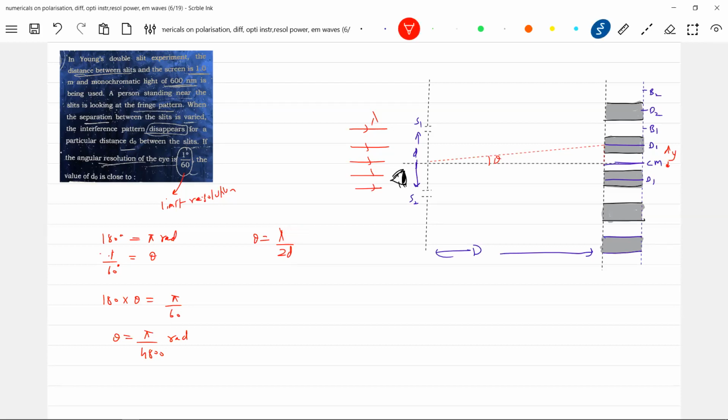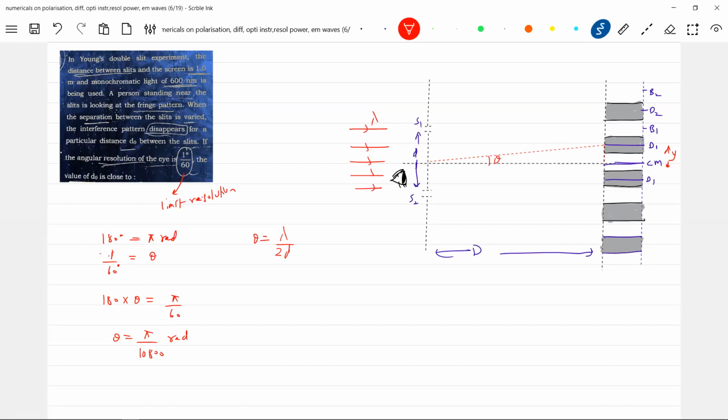Even the theta angle, what you found out is pi by 10800. Okay, calculation. This is y, no? Y distance. Angular position of the first minima will be lambda by small d.